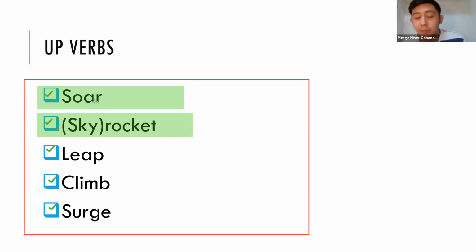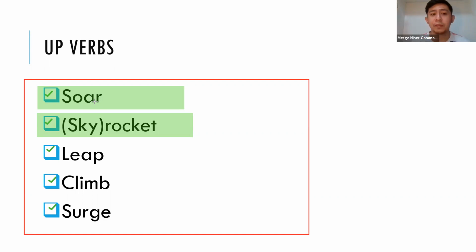It skyrocketed. It means it boomed. It means it increased hugely. It increased largely in a very short amount of time. That is when we use the words soar and skyrocket correctly.